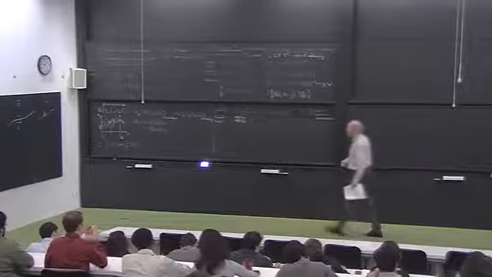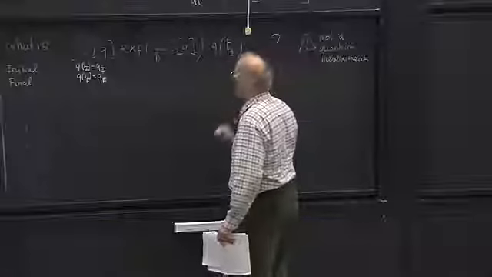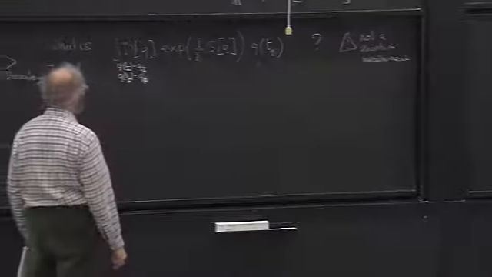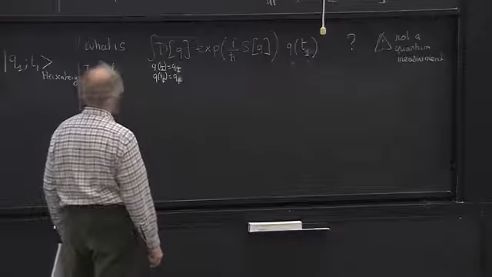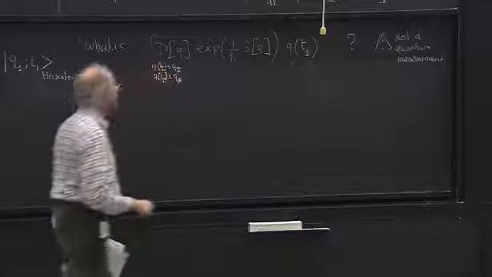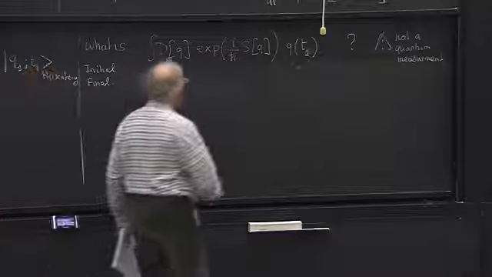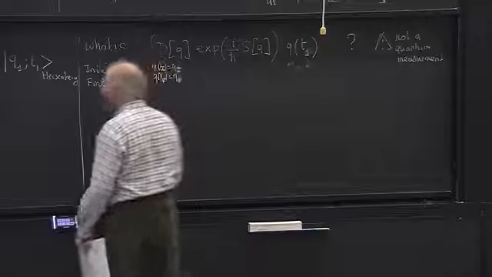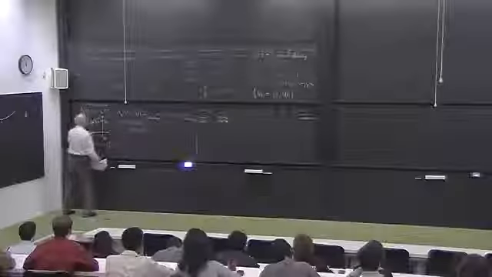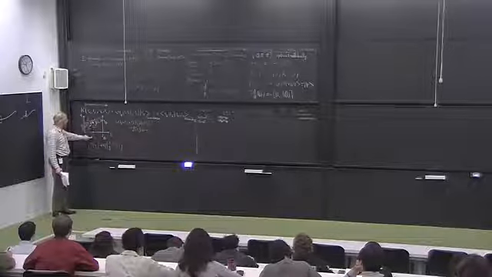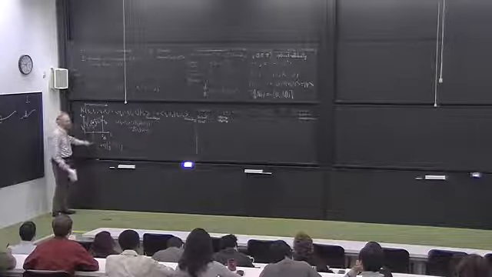In order to see what this gives, it's quite easy. We can decompose this into two functional integrals. We can write this by first integrating over the position of the particle at time t1.